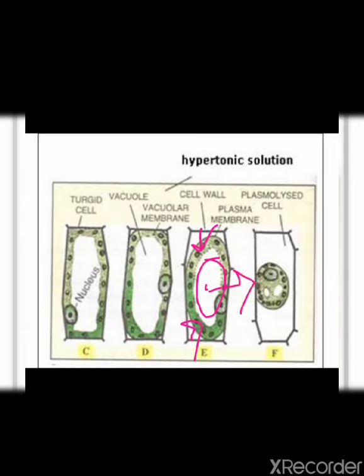Is it clear? Due to which there will be contraction of cytoplasm from the cell wall. This is cell wall, this is cytoplasm. So there will be contraction of cytoplasm from the cell wall, and that is plasmolysis.